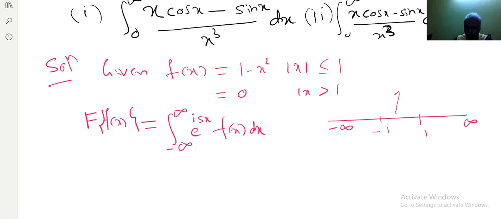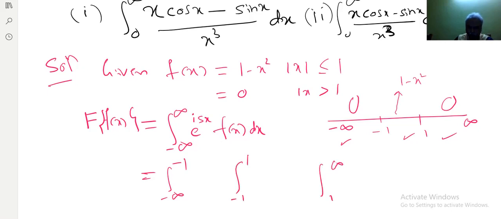Only in the middle range the value is 1 minus x square, and in the remaining ranges the values are 0. So let us break this into 1, 2, 3 parts, first part, second part, third part, and let us add all these parts. The first part is 0.